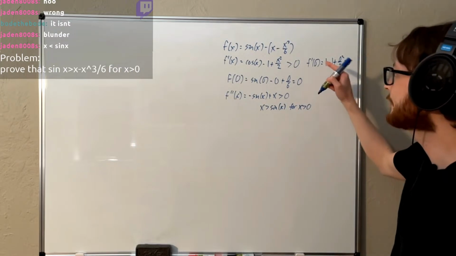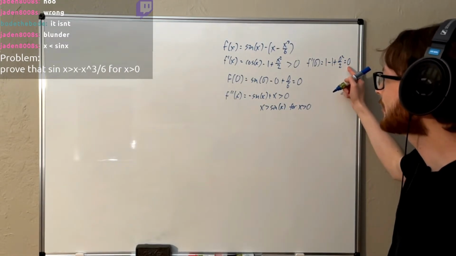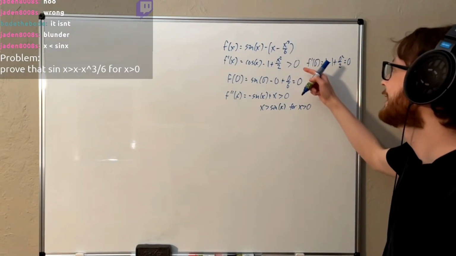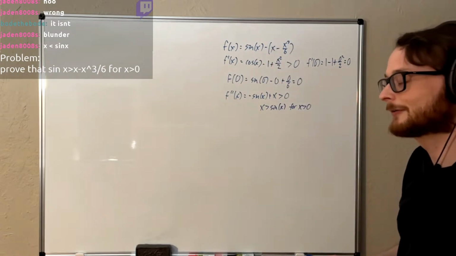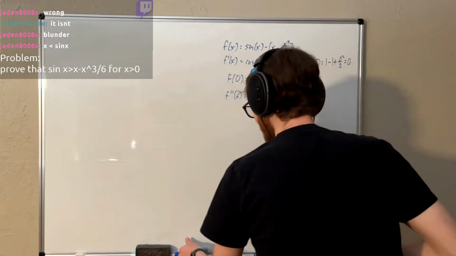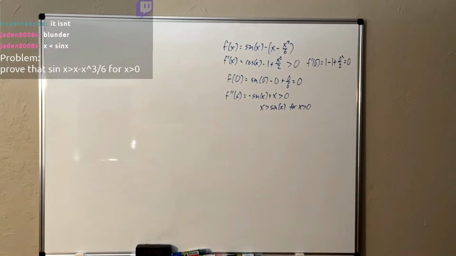So the first derivative starts at 0 and is always increasing, so it's always positive, which means this difference is always positive. I think that's our proof.